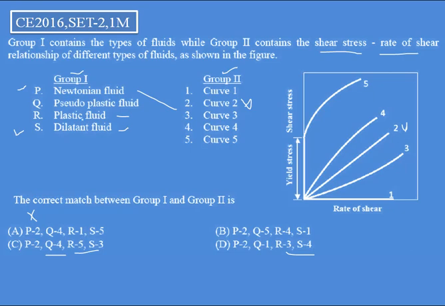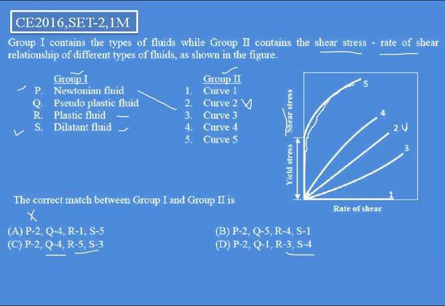And coming to the plastic fluids, these are the graphs between shear stress and the rate of shear. For plastics, we already know that there is no rate of shear at first, but after passing through the yield stress, the rate of shear strain is similar to the shear stress.